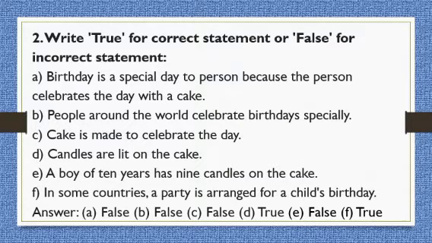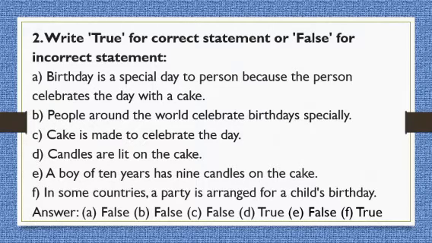Number C. Cake is made to celebrate the day. Is it okay? Go to the passage. The passage is saying that in many countries, people celebrate with a cake. Not that they are making the cake.